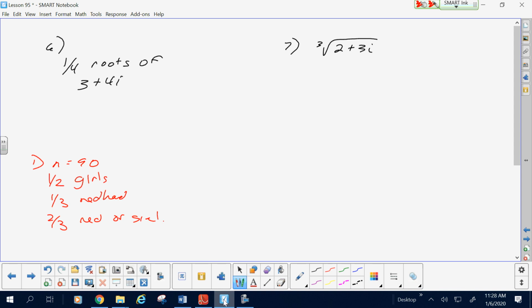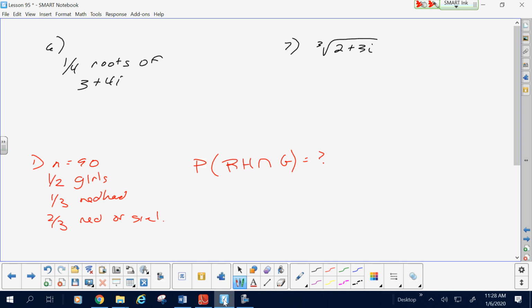They ask, what's the probability of choosing a redheaded girl? Redhead and girl. What's the symbol for and again? Like that, yeah.